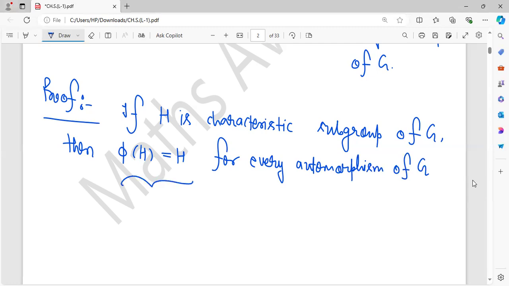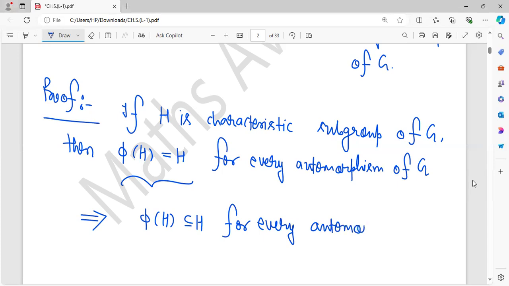If phi H is equal to H, it means phi H is a subset of H for every isomorphism of G. Now we will assume the converse statement.